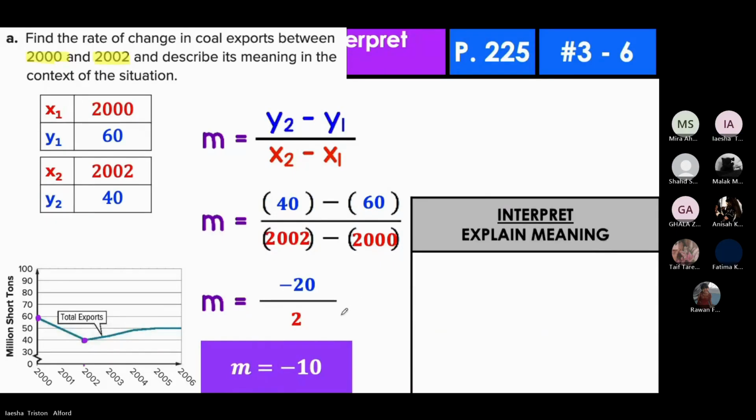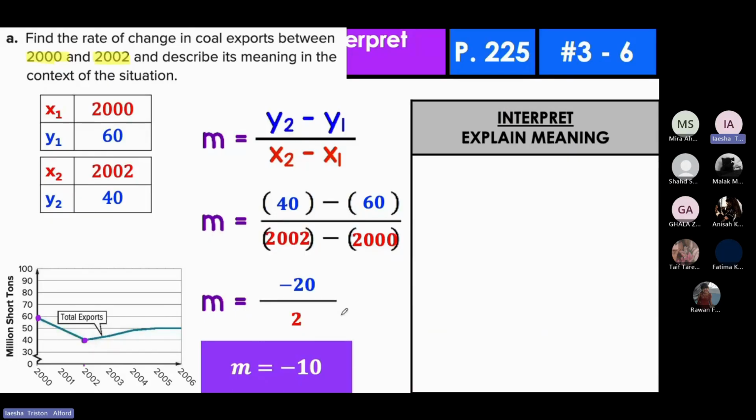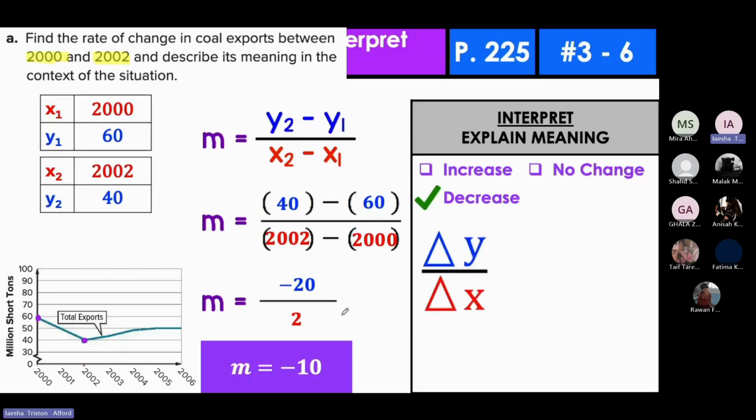Then we have to explain the meaning. Increase, decrease, or no change? Decrease. How do you know? Because the slope is negative. Good. Then change in y over change in x. -10/1. The top word is about the y, and the bottom word is about the x.